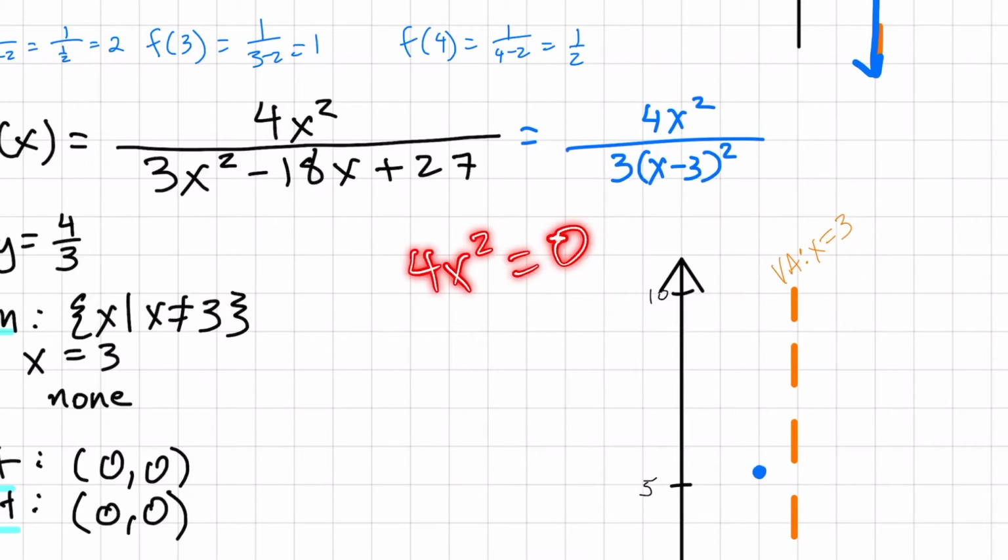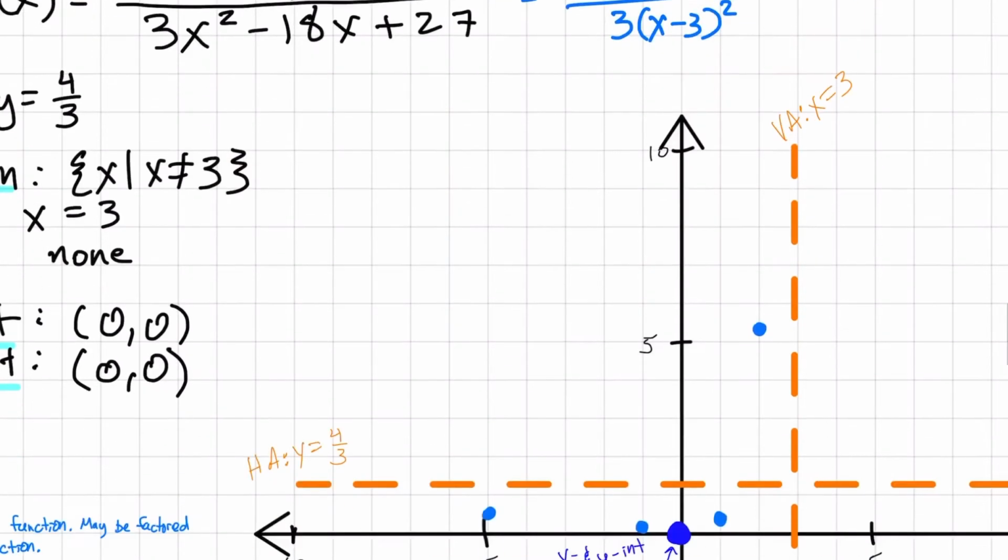And if I asked you to graph 4x squared, you would notice that it would have an x-intercept of 0, and it would have a multiplicity of 2, right? It has an even multiplicity. And when it has an even multiplicity, that means that it touches and turns on the x-axis. So that's what's happening here.